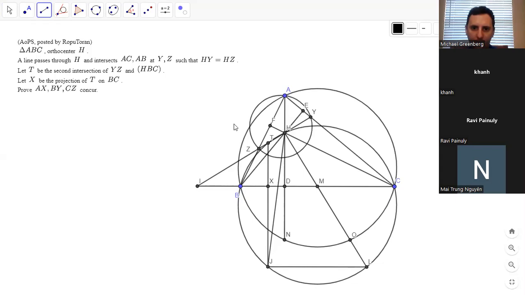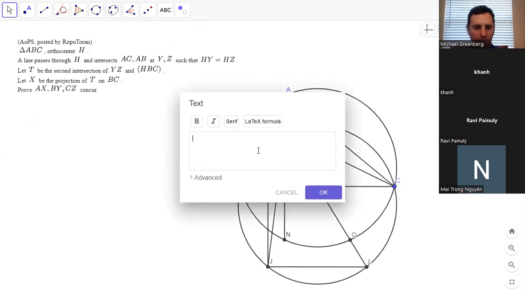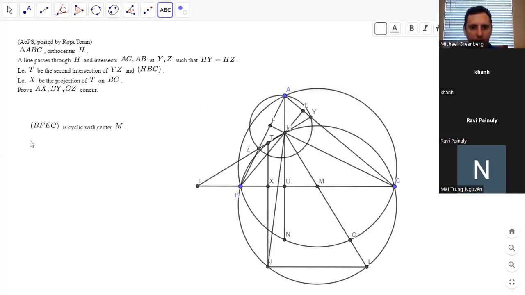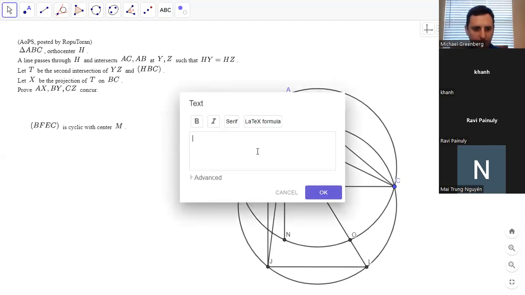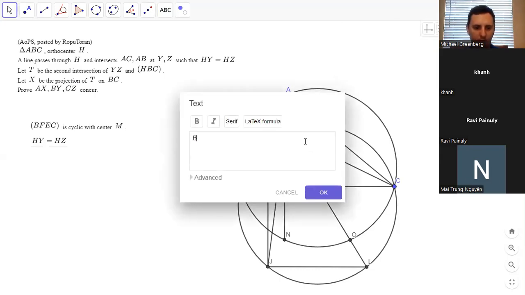BFEC is cyclic, and then by the butterfly theorem, or the converse of the butterfly theorem, we have BFEC is cyclic with center M. HY equals HZ, so by the converse of the butterfly theorem, H is the midpoint of the chord of BFEC through Y and Z. I'll capitalize the Butterfly Theorem.